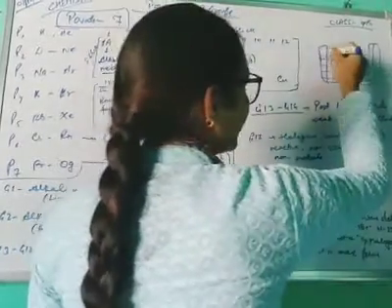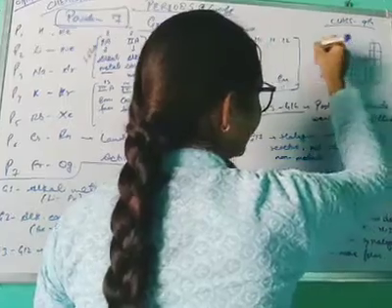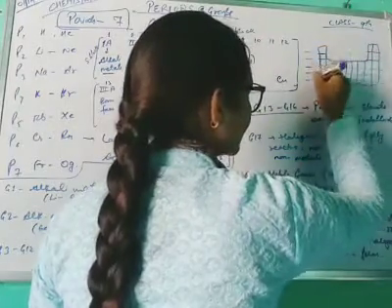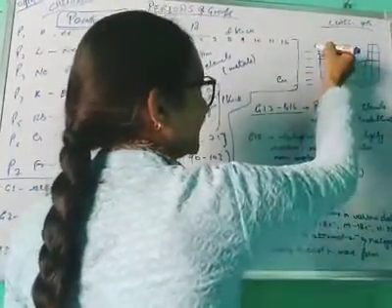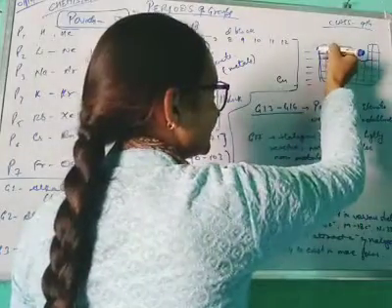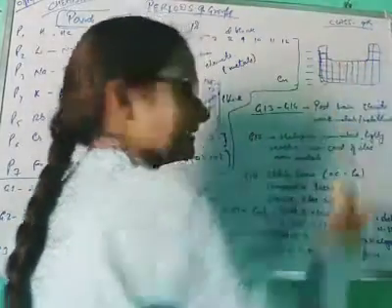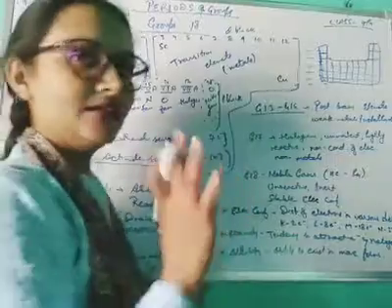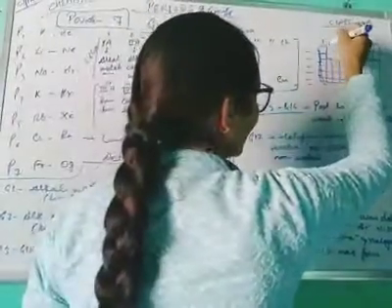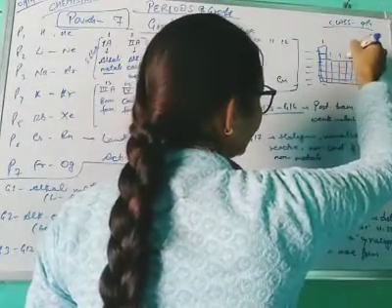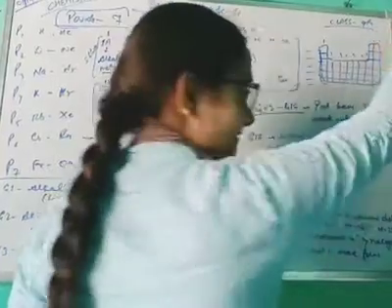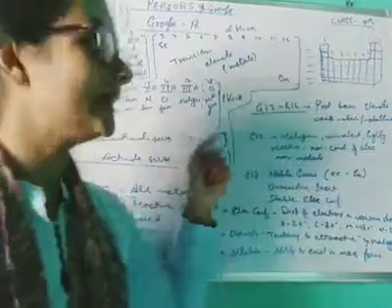These rows are the periods. There are a total of 7 periods, 1 2 3 4 5 6 7, and there are a total of 18 groups, 1 2 3 4 5 6 7 8 9 10 and so on.